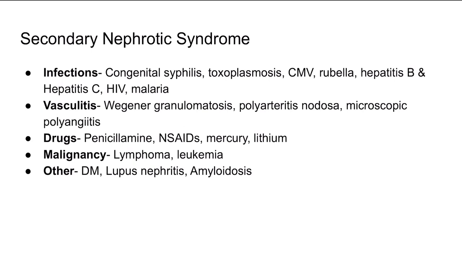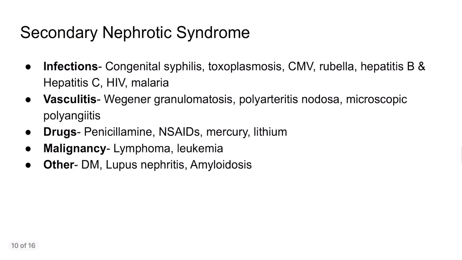In vasculitis, the secondary causes are Wegener's granulomatosis, polyarteritis nodosa and microscopic polyangiitis. The drugs that can also cause nephrotic syndrome are penicillamine, NSAIDs, mercury, and lithium. And the malignancy causes are lymphoma and leukemia. The other causes are diabetes, lupus nephritis, and amyloidosis.